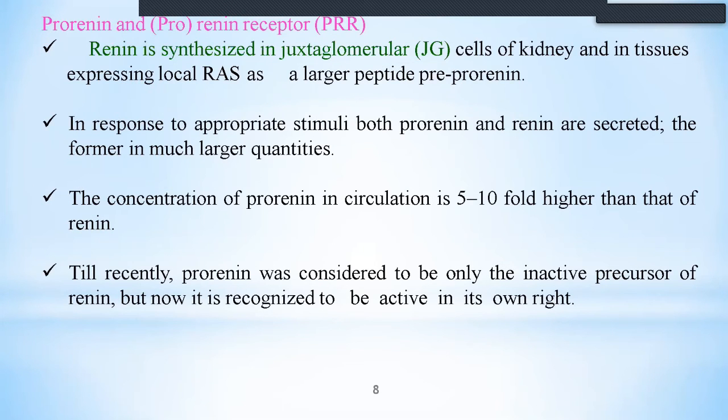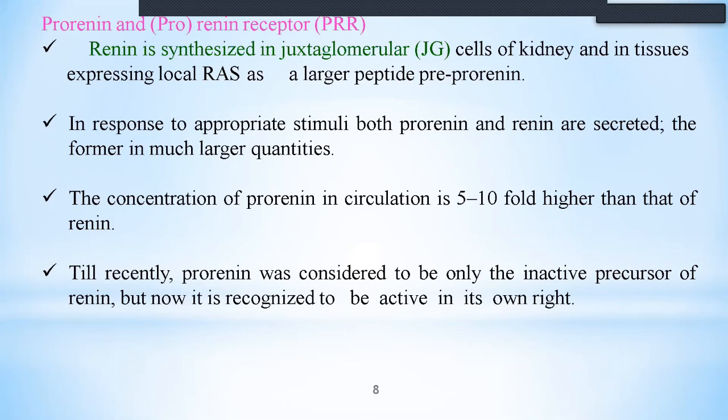Now, prorenin and prorenin receptors. Renin is synthesized in juxtaglomerular cells of the kidney and in tissues expressing the local renin-angiotensin system, as a long peptide, pre-prorenin.